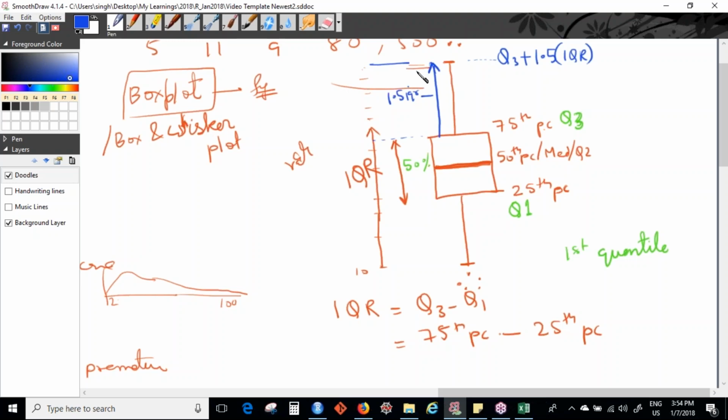Similarly, if you have to get to this distance, can you tell me now? What will be this distance?